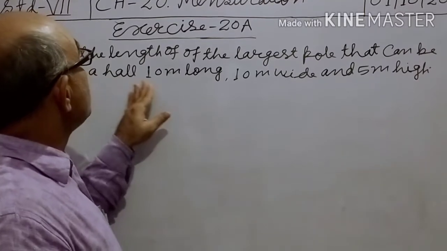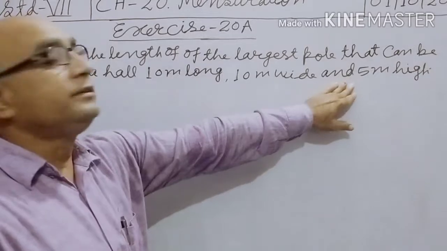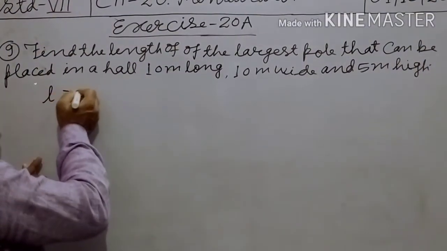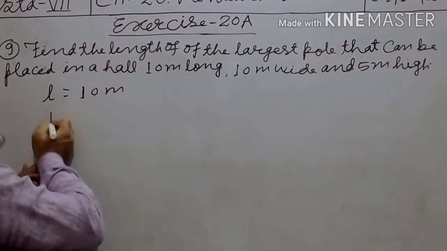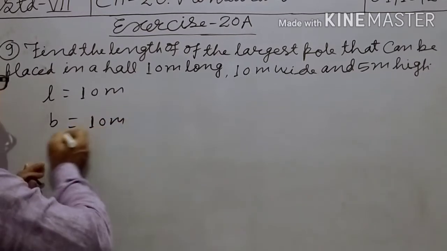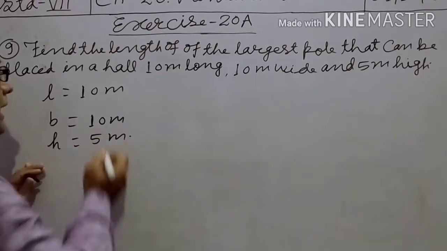The length of this hall is 10 meter, breadth 10 meter and height 5 meter. So L equal to 10 meter, breadth equal to also 10 meter and height equal to 5 meter.